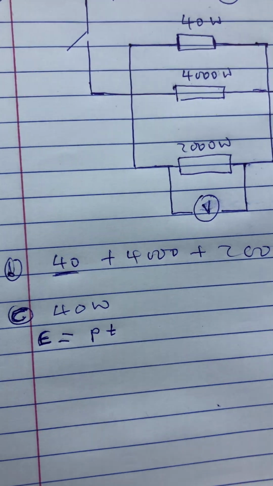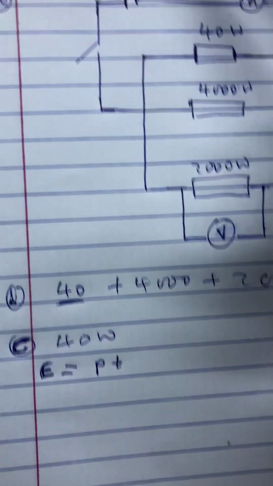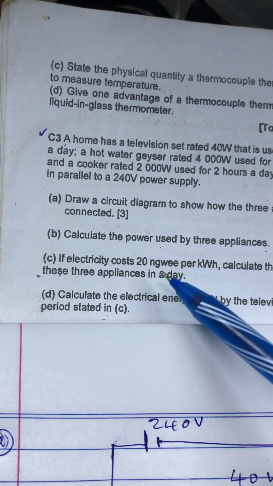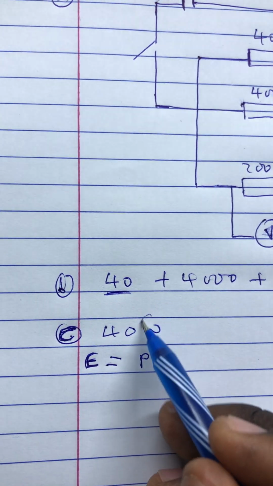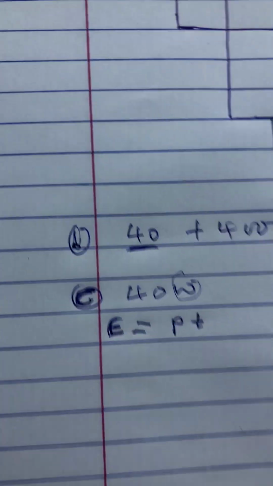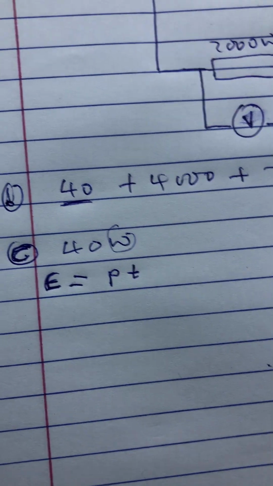Remember, they have told us that the electricity cost here is 20 ngwe per kilowatt hour, and this is in watt. So we are going to convert this 40 into kilowatt. How do we do that? We're going to divide the power by 1000.